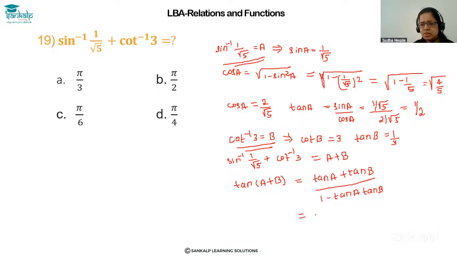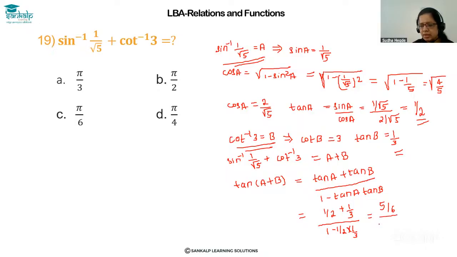So this is equal to tan A is 1 by 2, we found here. Tan B is 1 by 3. So plus 1 by 3 whole divided by 1 minus 1 by 2 into 1 by 3. Okay, that is equal to 5 by 6 numerator if you take LCM and simplify.